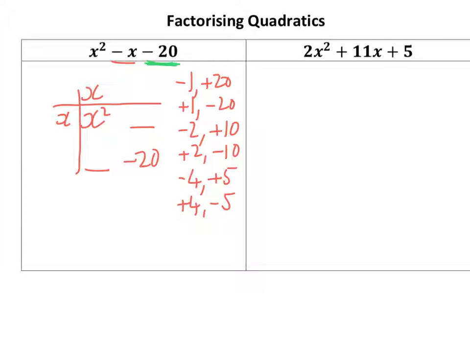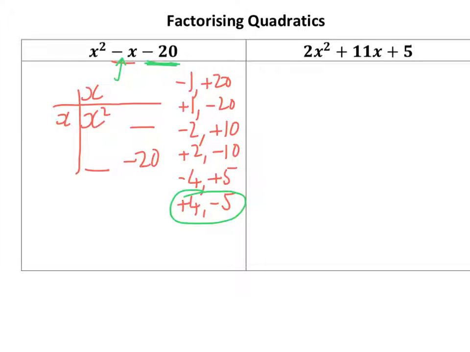Now, if you're not very confident with it, it's worth listing out all the pairs of numbers, all the factors, if you like, of minus 20. I'm then looking for the pair that adds to make this minus 1. So which pair adds to make minus 1? Well, it's that pair, so they must go in there.